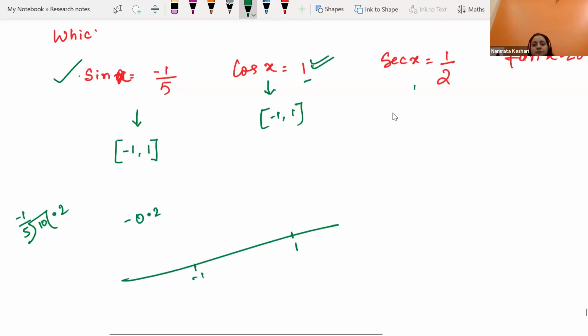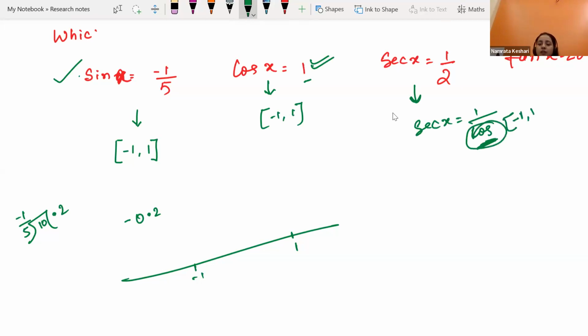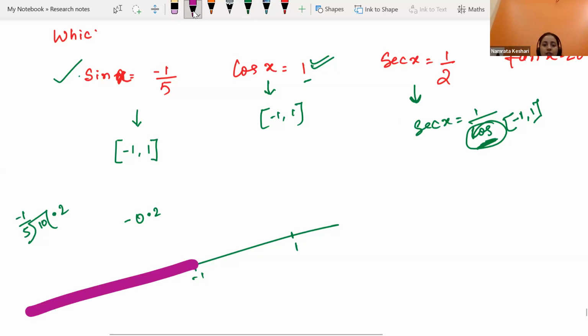Next, the sec function. Sec means 1 by cos, and the output for cos lies between minus 1 to 1. So if we take any number between minus 1 to 1, the result comes beyond 1 and beyond minus 1. So for the sec function, the output comes over here and over here, right?